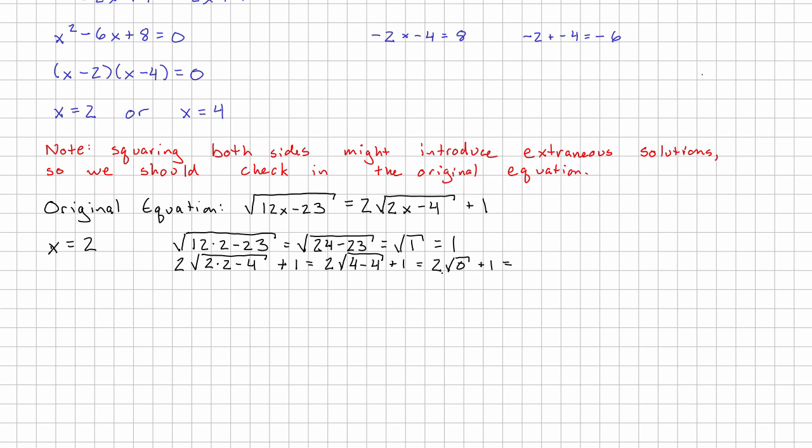Square root of 0 is just 0. 2 times 0 is still 0, so that's just 1. We see that those are the same, so x equals 2 is really a solution.